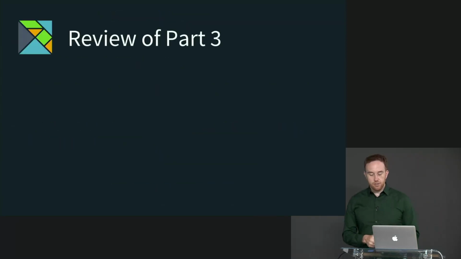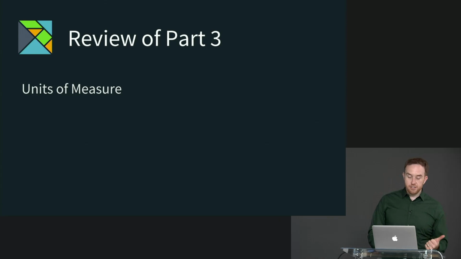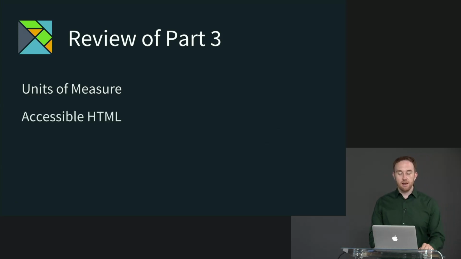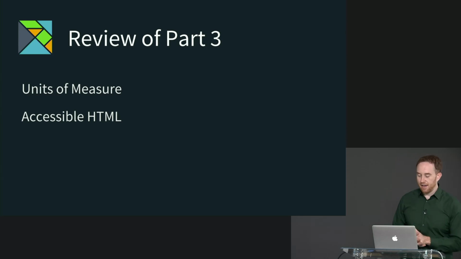Okay, so to recap, we talked about units of measure and how we can prevent expensive space equipment from crashing by using custom types with type variables. We talked about accessible HTML and the ways that we can implement that and prevent ourselves from constructing paragraph tags that have click handlers on them by using never.